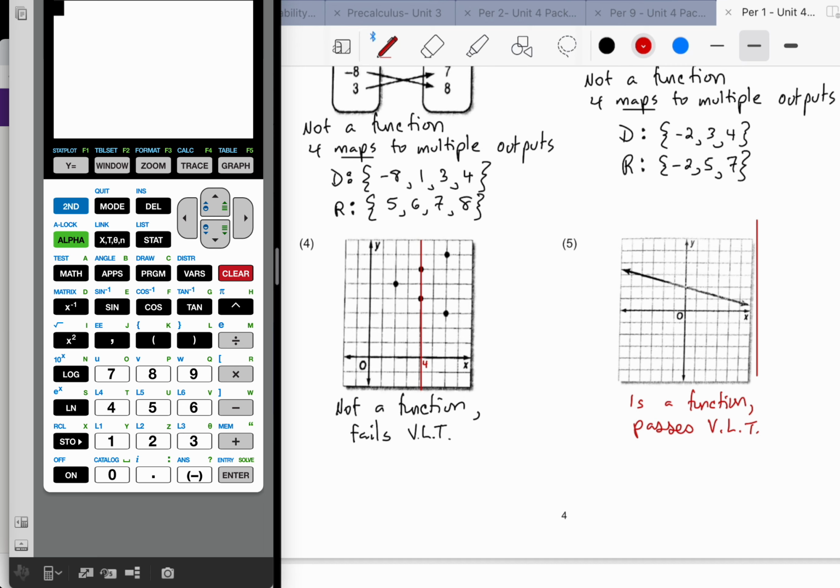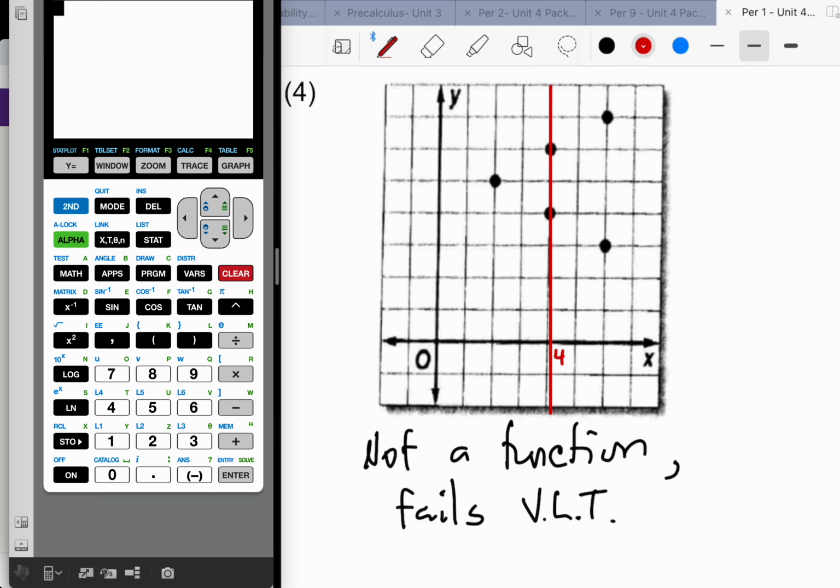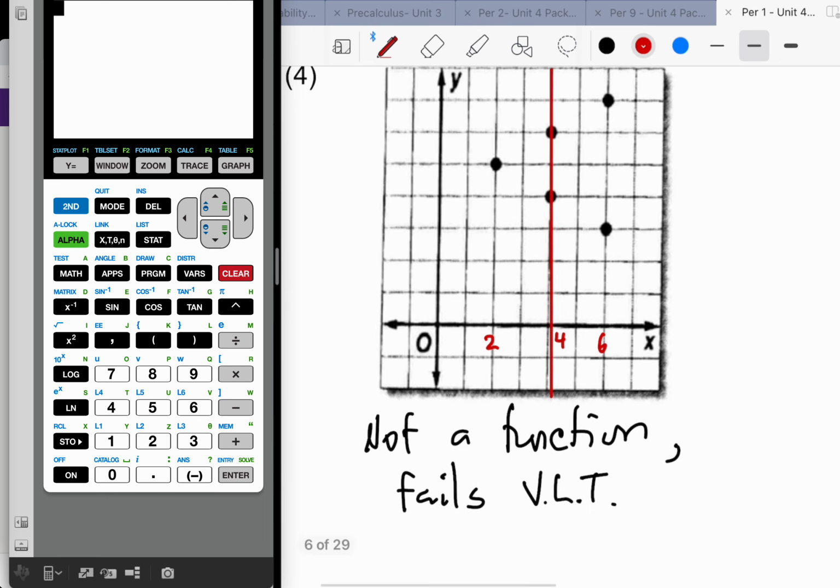All right. So in the case of the points, that's nice and easy because just like yesterday, we just need to identify any x value that corresponds with points on the graph. That would be 2, 4, and 6.